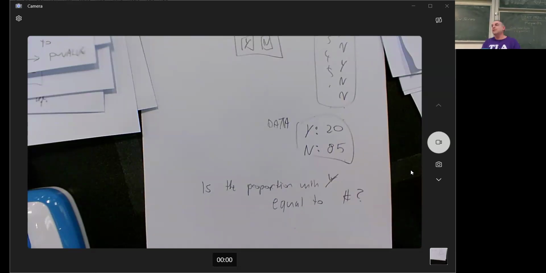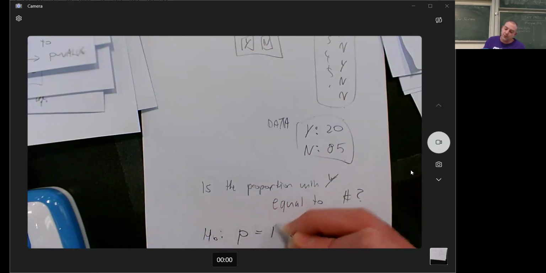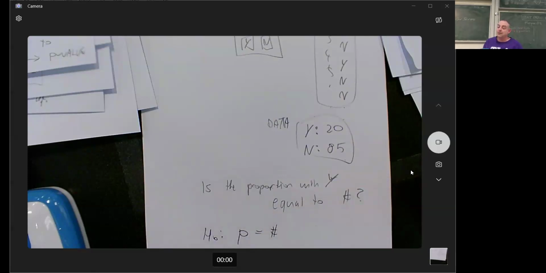Sometimes they do it as a percentage, sometimes as a decimal. Like, is the proportion 0.2? Because you could ask, do a majority of school kids finish all their homework? And that question is, is the proportion 50%? And then the null hypothesis is that the proportion equals whatever the number is. And the alternative is that the proportion is not that number.